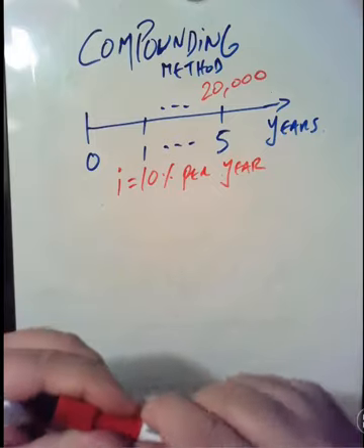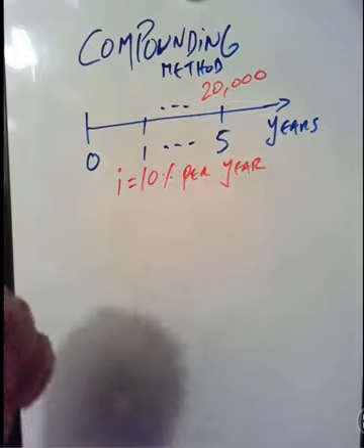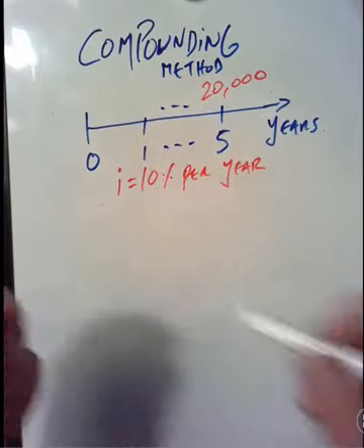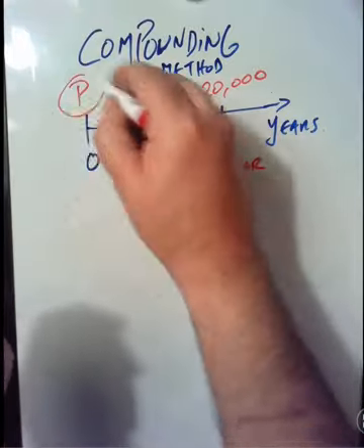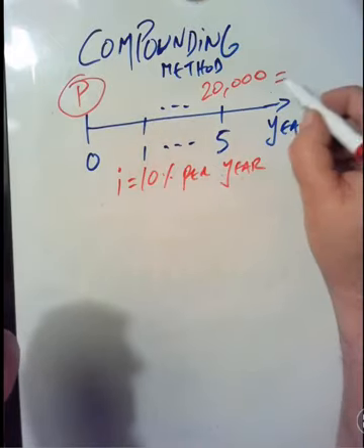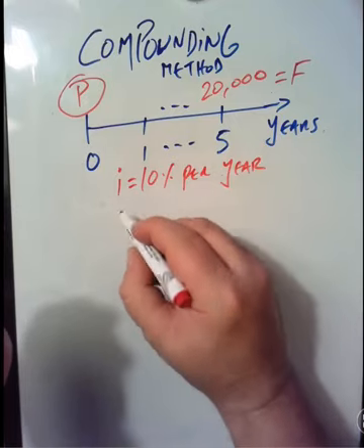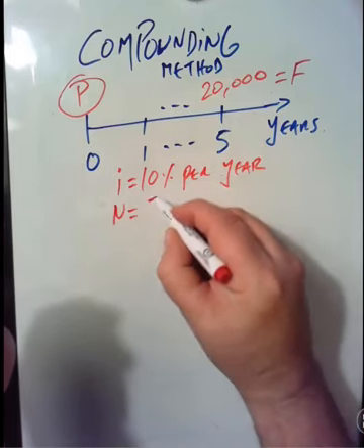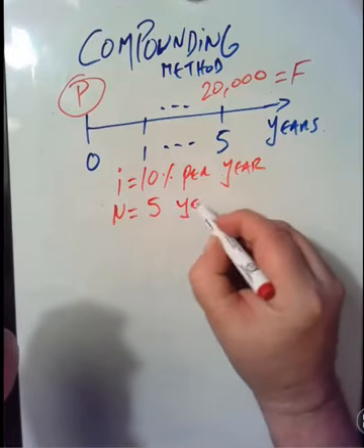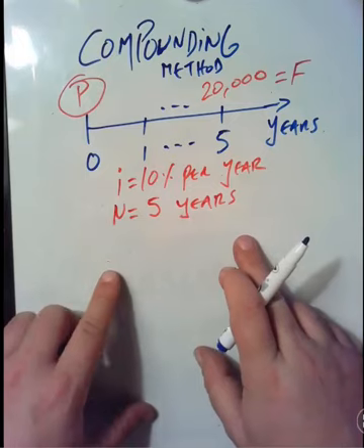Right. So I'm trying to ask you, find P given this F, an interest rate of 10%, and an N equal to 5. In this case, the units for time are years.